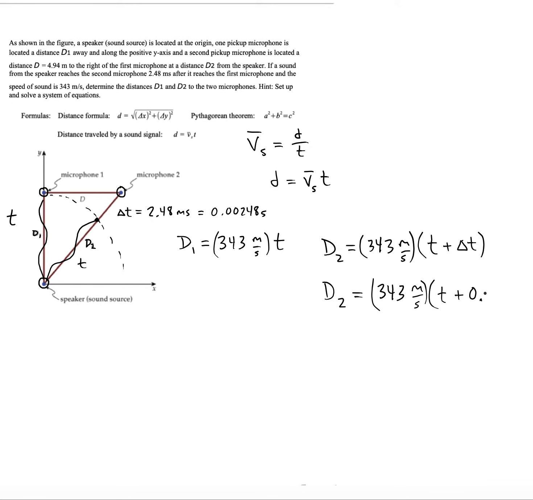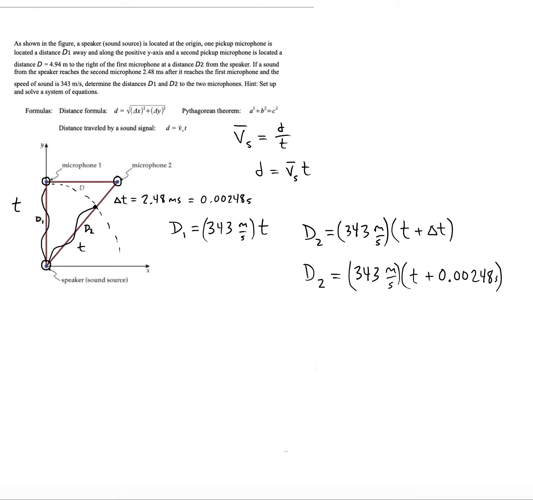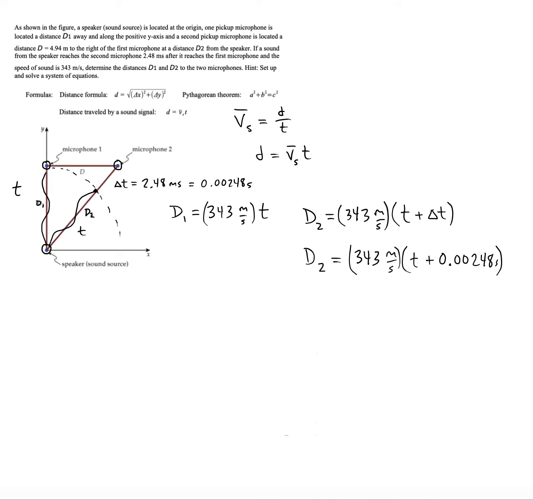So it'll be 0.00248 seconds. Alright, so far we can't solve it though because we have three unknowns, t, d1, and d2. So we have to go farther and see what else we can use.